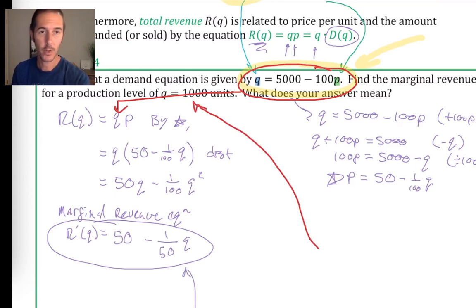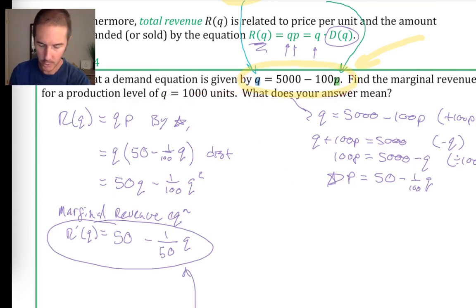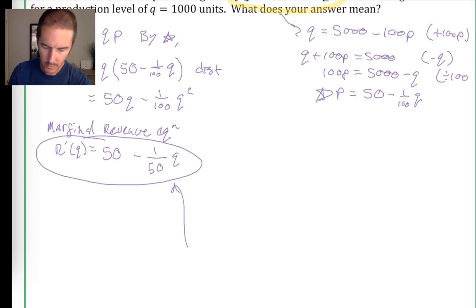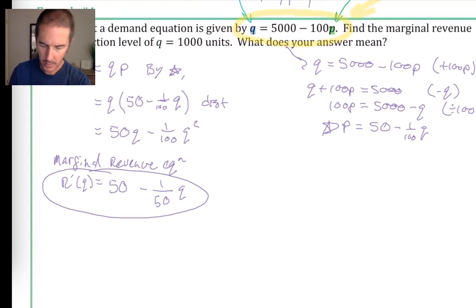So we would have had to make some other modification in order to plug in a P value instead of a Q value. So I think we made the right choice in solving the demand equation for P. So now let's plug in our 1000 as a Q value.